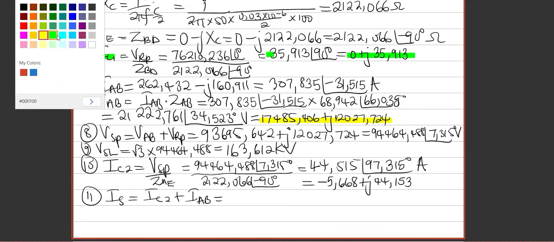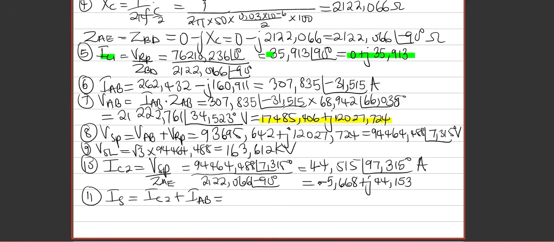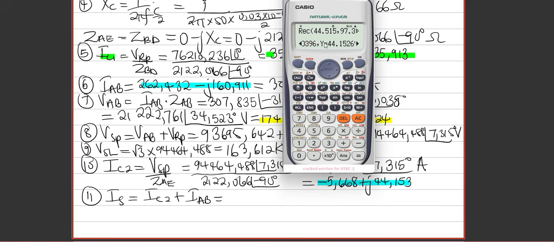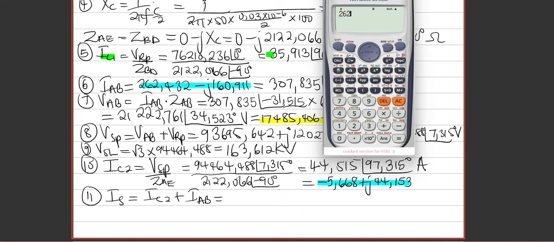So this time you are adding which guys? This time we are adding this one, where's our IAB, and we're adding it to this one. To add them, let's go. 262,432 minus 5,668.